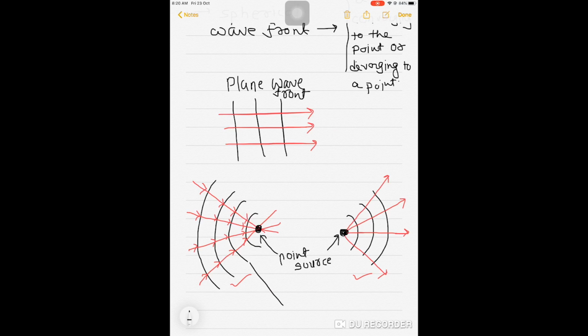So here and here the wavefront is given. So this is the information regarding wavefronts.